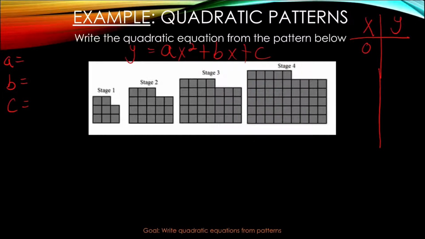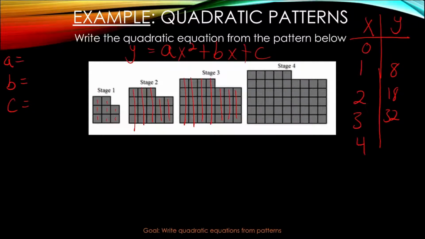On the first stage, I have 1, 2, 3, 4, 5, 6, 7, 8. And then I have 4, 8, 12, 15, 18. On the second one, I have 18. On the third, 5, 10, 15, 20, 24, 28, 32.